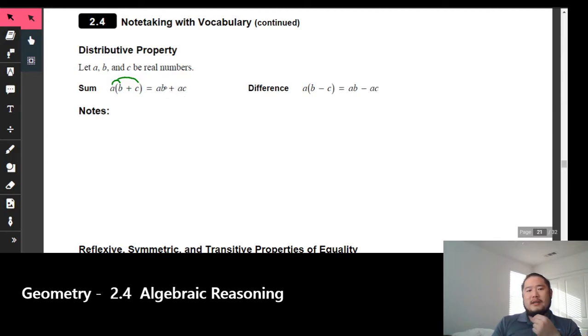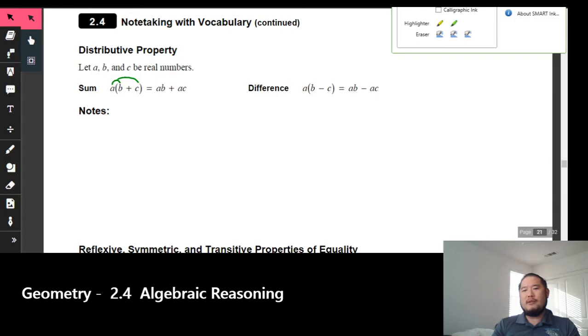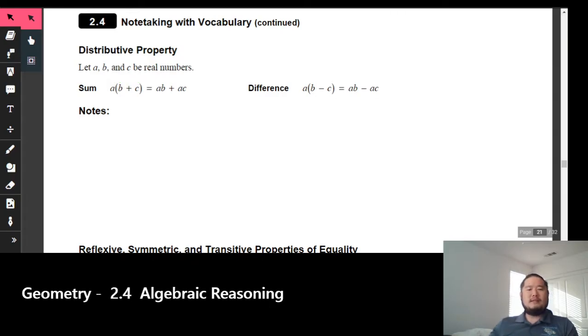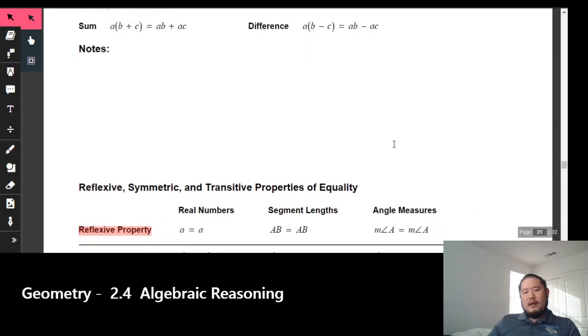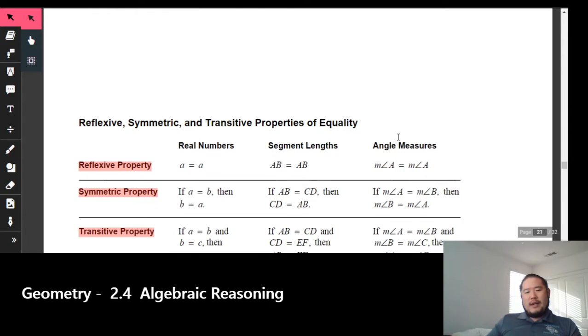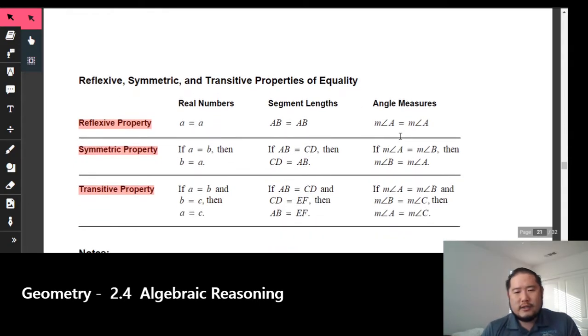The opposite of distributing is, hopefully you know, factoring. And so sometimes you factor, sometimes you distribute, depending on the problem and what's being asked. These three properties right here are key to your success in solving or executing a lot of proofs.